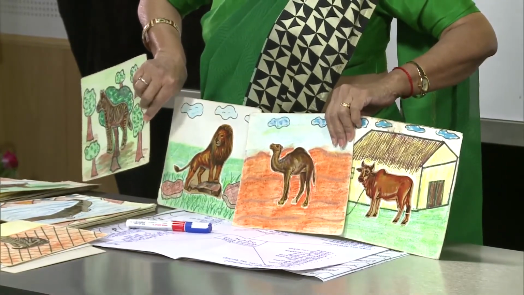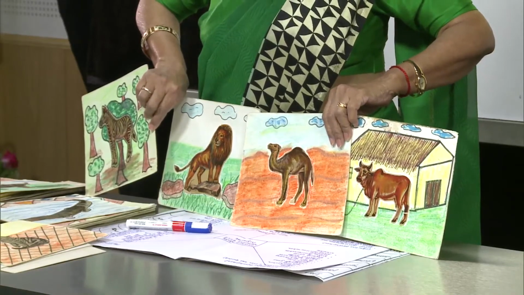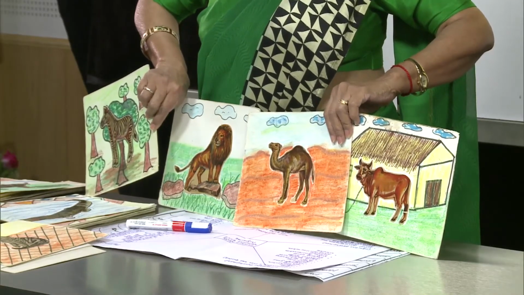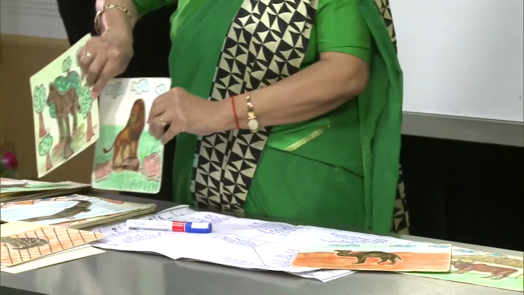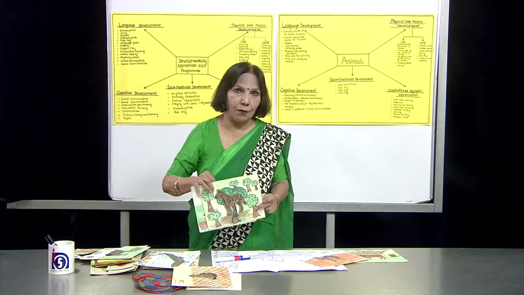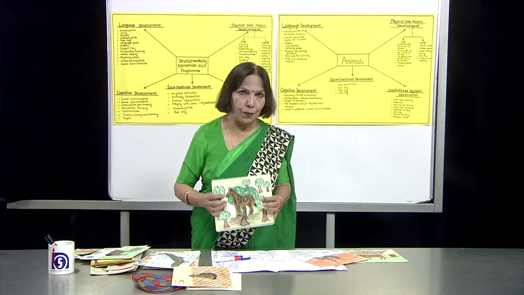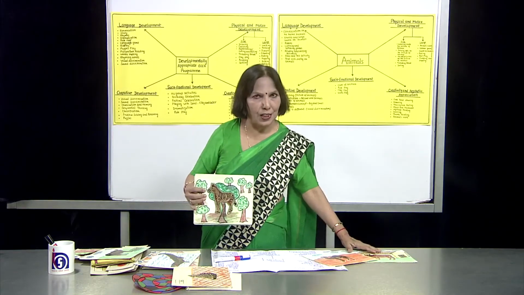Ask the children to just classify these animals. These are domestic animals and these are wild animals. So, children are classifying the pictures into wild animals and domestic animals.